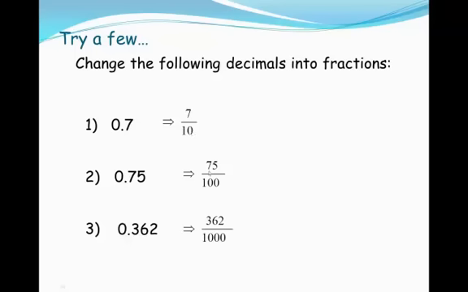For the second one, 75 on the top, there are 2 decimal places, so there are 2 zeros in your denominator. For the third one, there are 362, there are 3 decimal places, so there are 3 zeros. So you'll have 362 over 1,000.